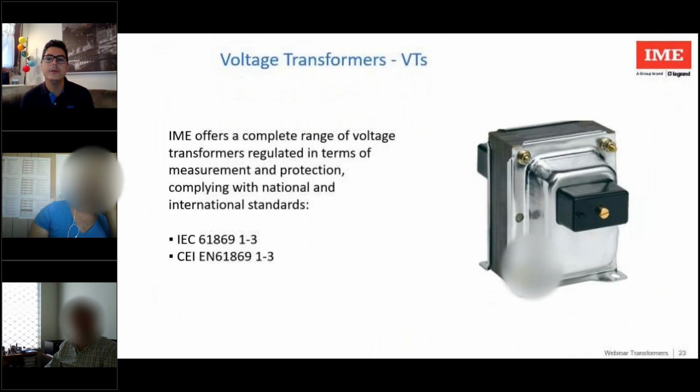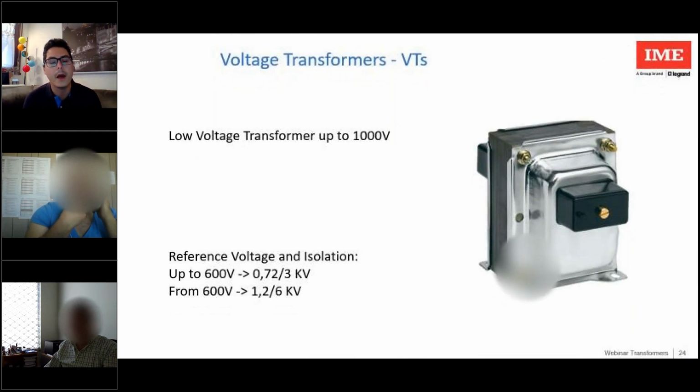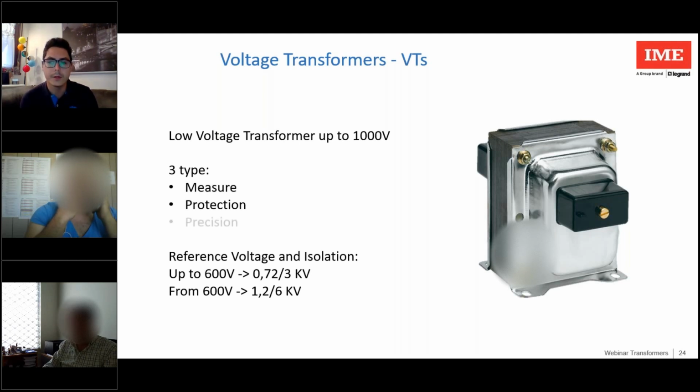Well, let's continue with the voltage transformer, which I will call from now on VT. As for the current ones, IME offers a complete range compliant with the national and international standard EN 61869 1.3. IME VTs are low voltage transformers up to 1 kilovolt, and as for the CTs, they are divided into 3 categories: measurement, accuracy and precision, and protection.